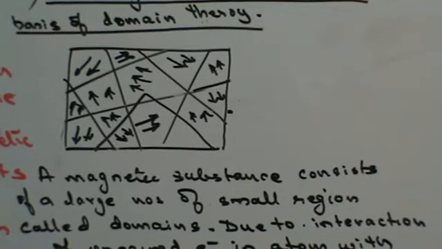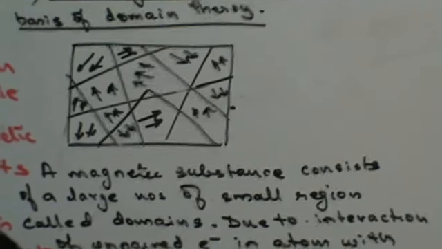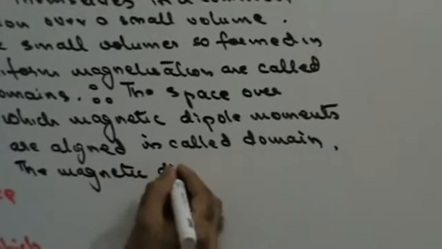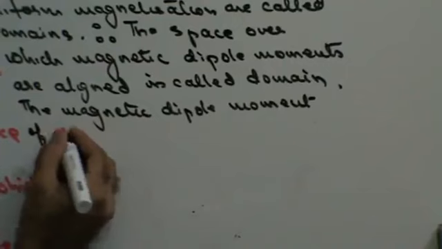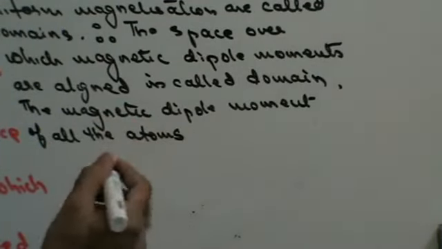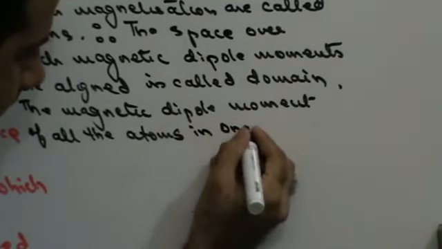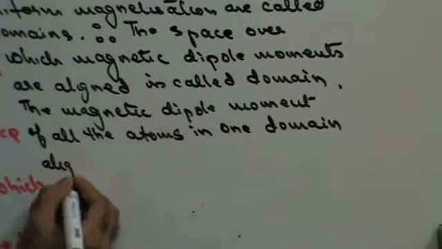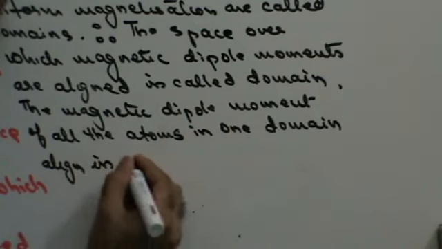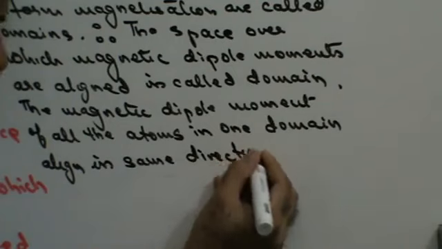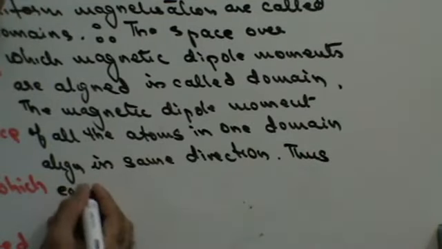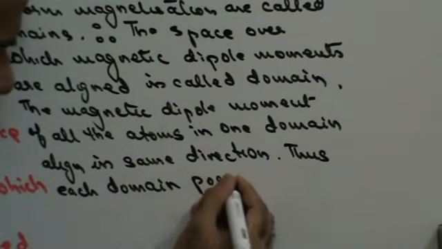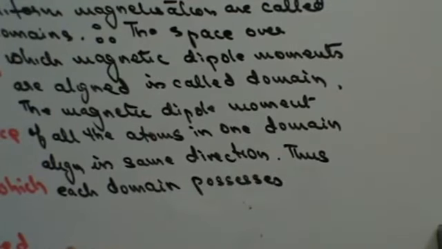Hence, each domain is going to possess some net magnetic dipole moment.